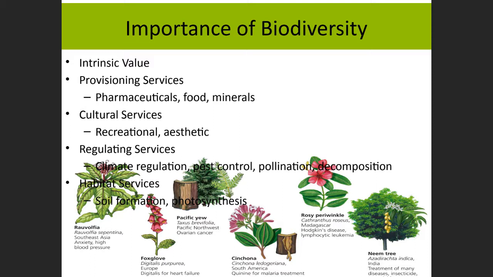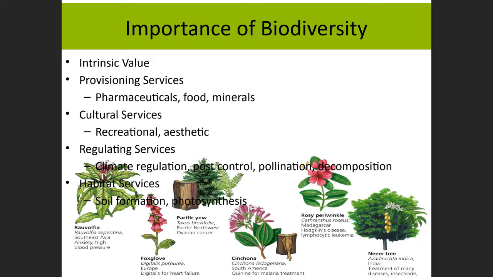In addition, biodiversity provides a lot of services, not just things we can eat, but things that it does. So climate regulation, absorbing carbon dioxide, holding water in the ground, which trees do. Pest control: if we allow native predators to flourish and we allow insects to be in our ecosystem, they will eat pests.